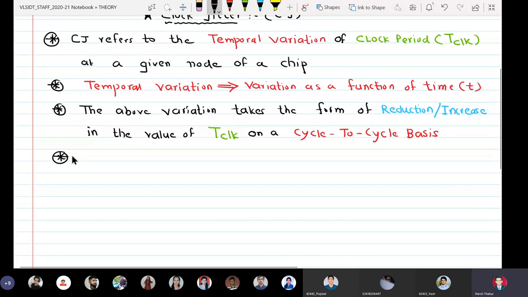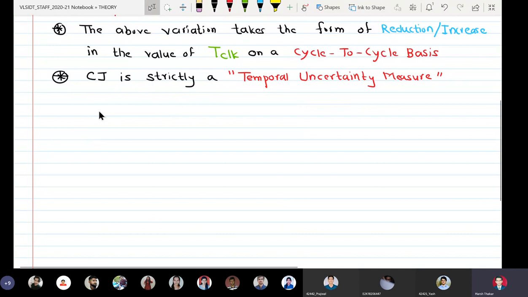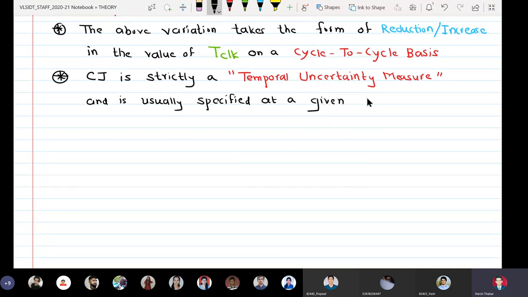Now, clock jitter is strictly a temporal uncertainty measure and is usually specified at a given node of a chip.